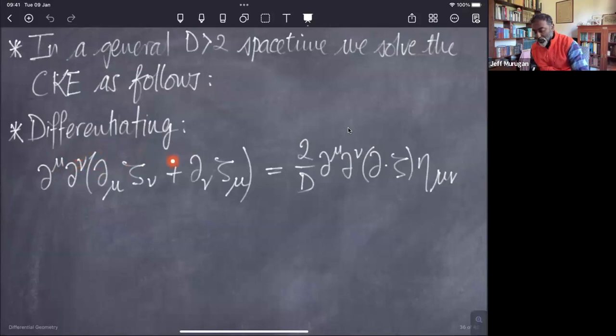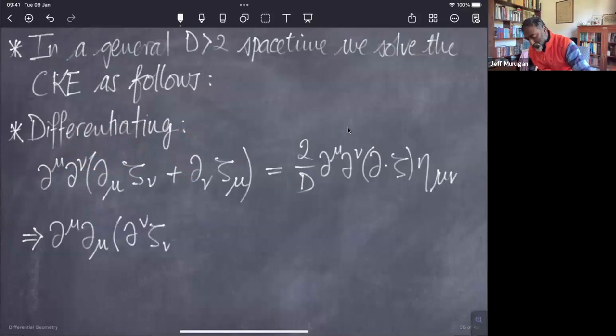And then this nu acts on this nu here, and this mu can act on this mu. So on the left-hand side, I will get d mu, d mu, acting on d nu zeta nu, plus d nu d nu, acting on d mu zeta mu.